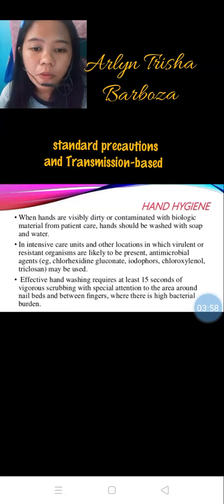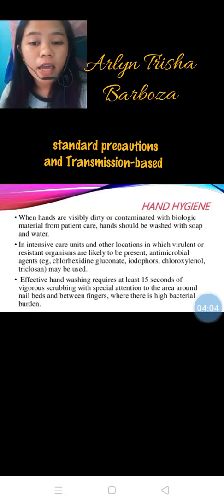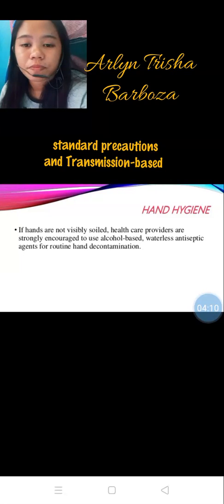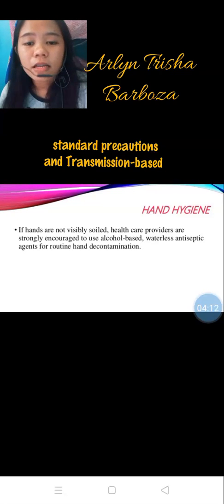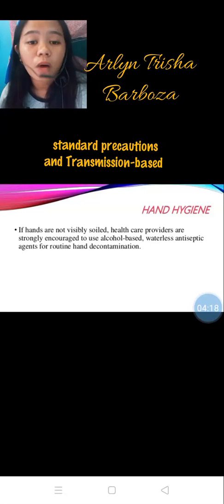Effective hand washing requires at least 15 seconds of vigorous scrubbing with special attention to the nail beds and between the fingers where there is a high bacterial burden. If hands are not visibly soiled, healthcare providers are strongly encouraged to use an alcohol-based, waterless antiseptic for routine hand decontamination.